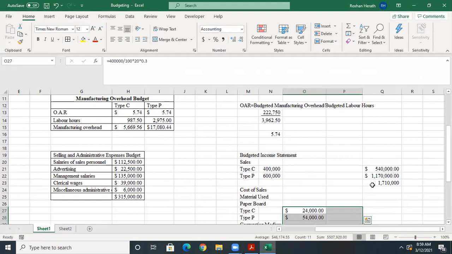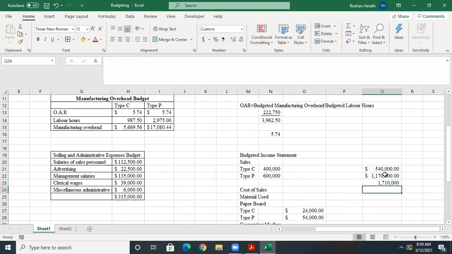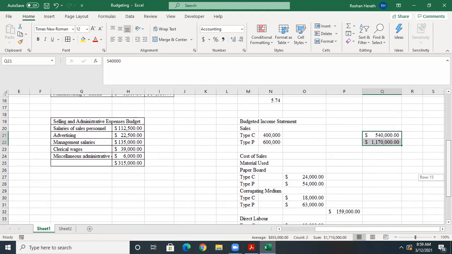Cost of sales, we have just the amount where the total... it's not coming over there.